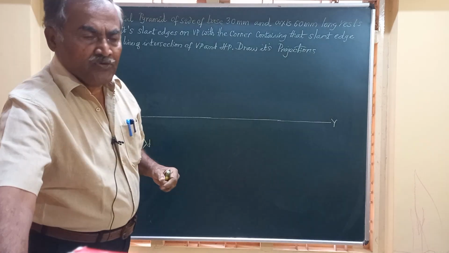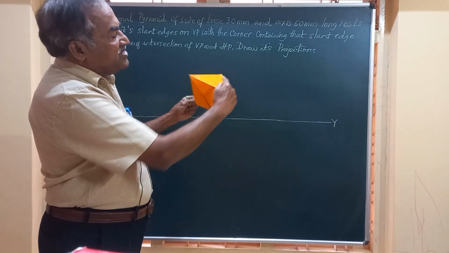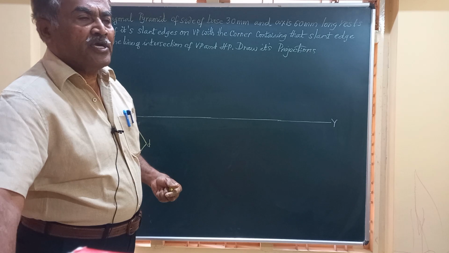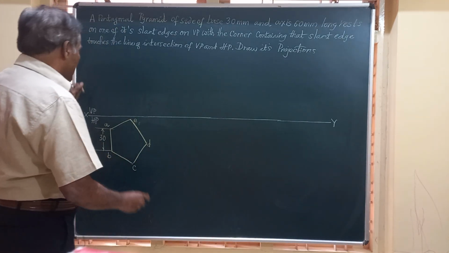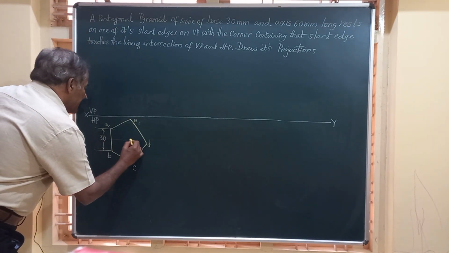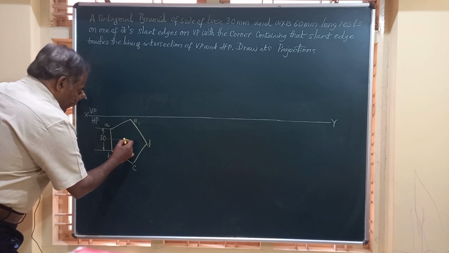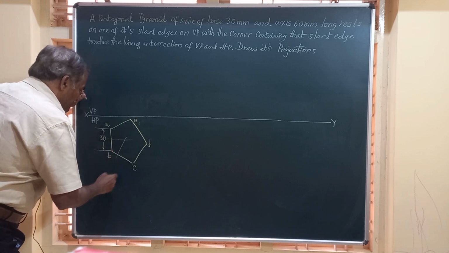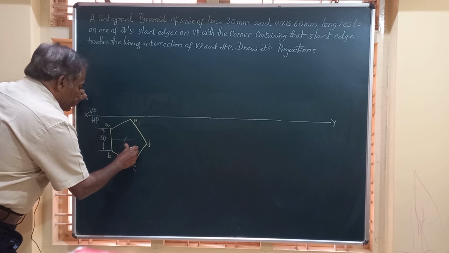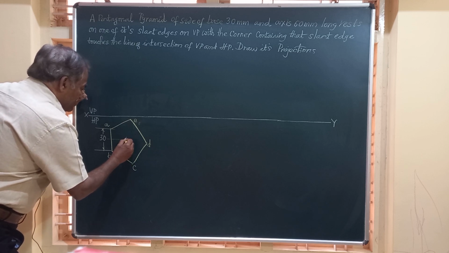Because in the top view, you will be able to see all these five slant edges, OA, OB, OC, etc. So friends, I bisect any two adjacent sides of this pentagon and obtain the center of the base.